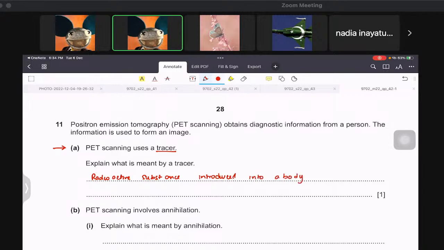I think that would be enough, but it would be nicer if you write it that is absorbed, because sometimes it might be 2 marks, right? Absorbed by tissues being studied. So that's the standard definition that they will ask you again and again.